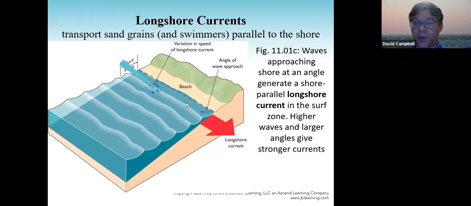We see a current being generated, and not surprisingly, if the wave is coming in at a bigger angle, further from directly straight onto the beach, it takes more to swing that around, so you get a bigger current. Also, no surprise, a bigger wave will give us bigger currents as well.